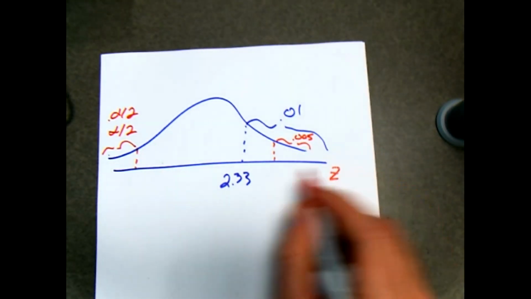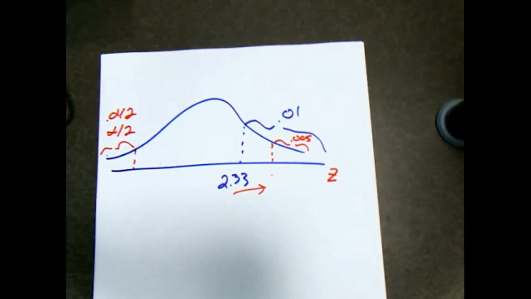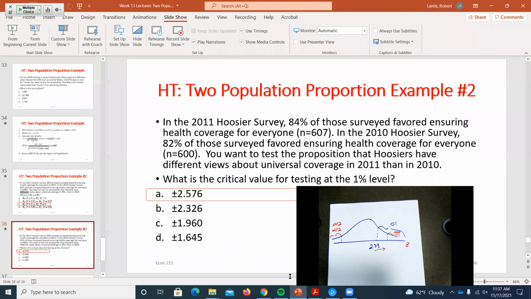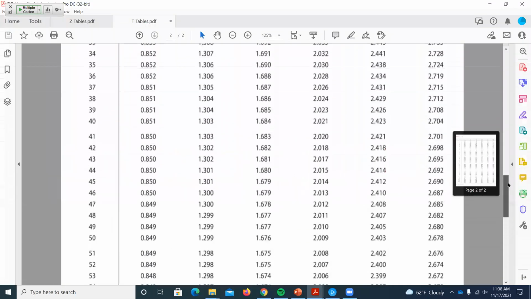The only way I can do that is if my critical values are a little bit higher, right? So if I go back and look at those possible answers, the only thing that's higher than 2.33 there is 2.576. Now, if I gave you other values that were higher, we could do this two ways.